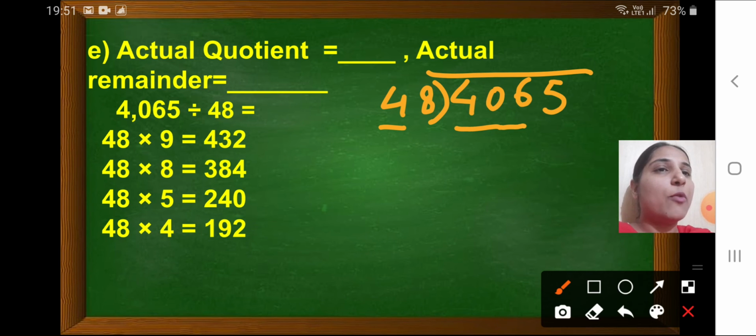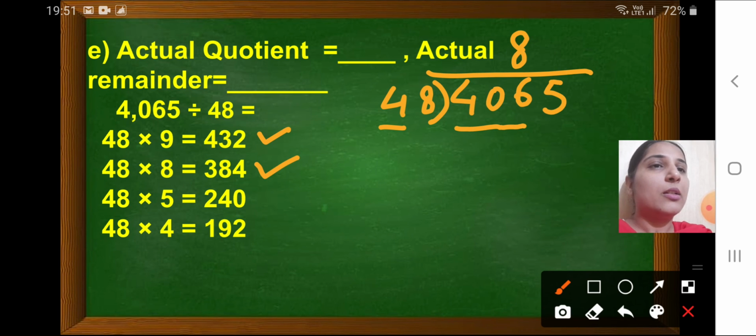Now if you see 48 9s, if you multiply, you will get 432. So that will be more than 406. So then we will go for 48 8s, which will give 384. Okay. So we will go for 8 times. So 3, 8, 4. Now let's subtract.